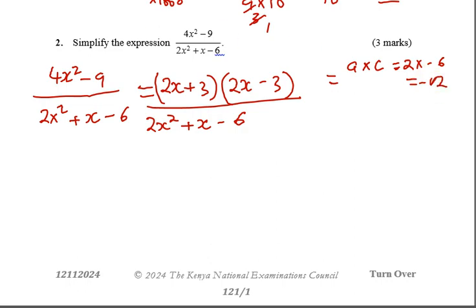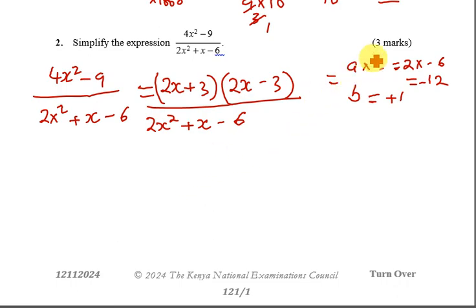Again, the sum of the two numbers is supposed to give us the value of B. The value of B in our equation is positive 1.